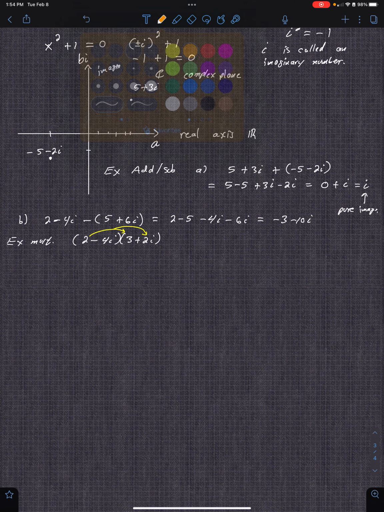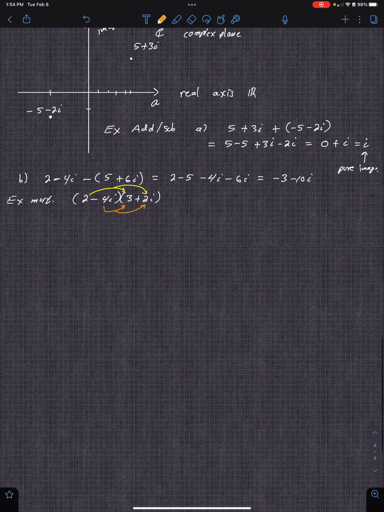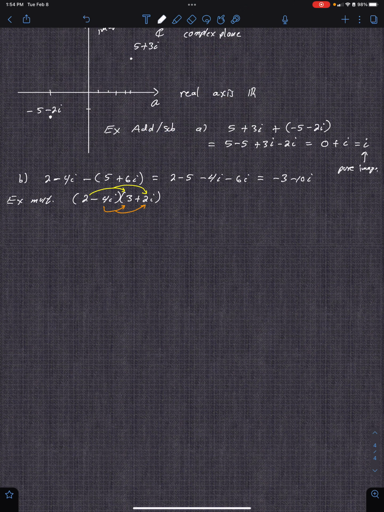And then we multiply the negative 4 times the 3, and then negative 4 times the 2. But then you'll have i squared. This is the only place, this last one here, where you'll end up with i squared, and then you have to do something with that. Well, what is i squared? i squared is negative 1. So do that product. Try that on your own.